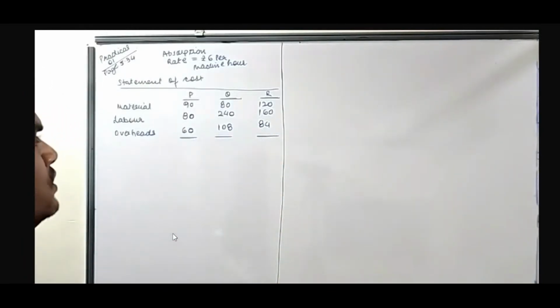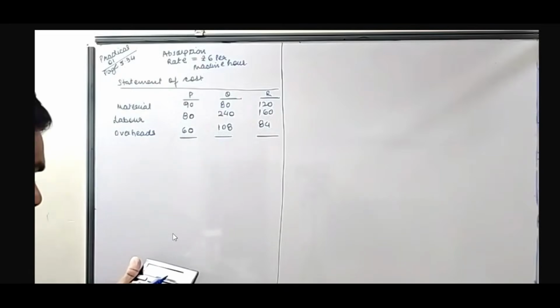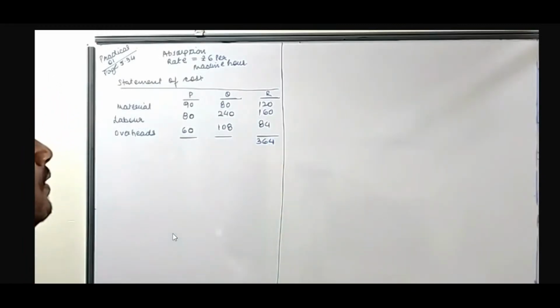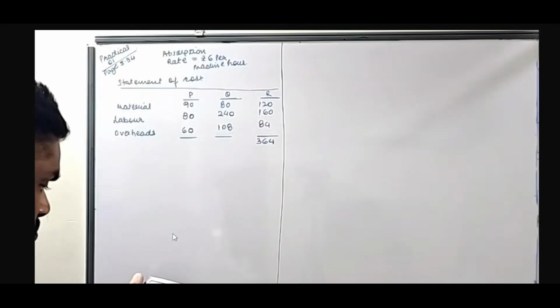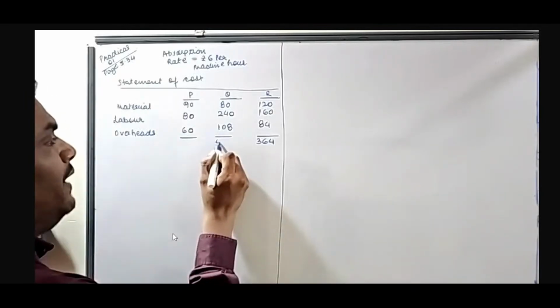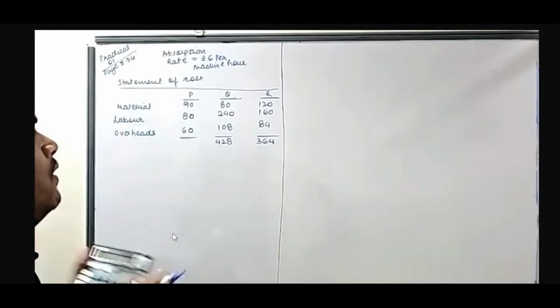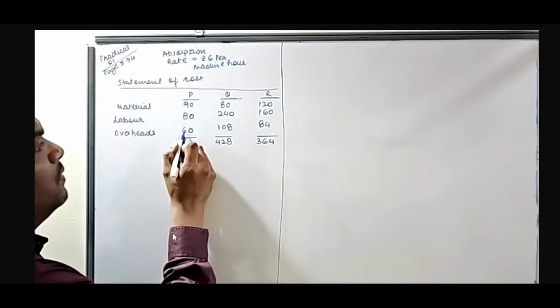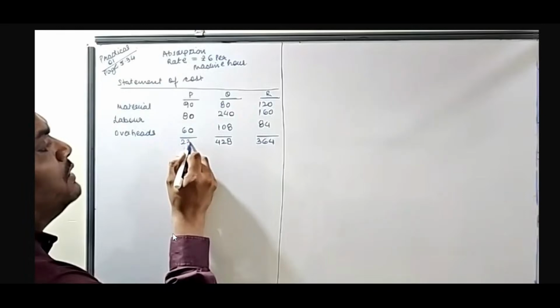So we have got the cost per unit. This is 364. This is 428. This will be 230.